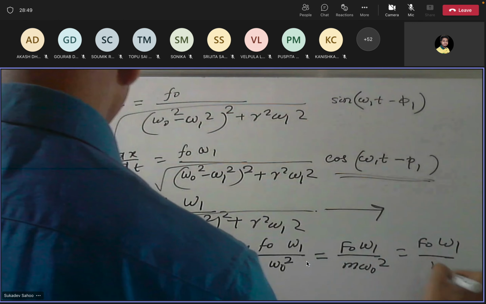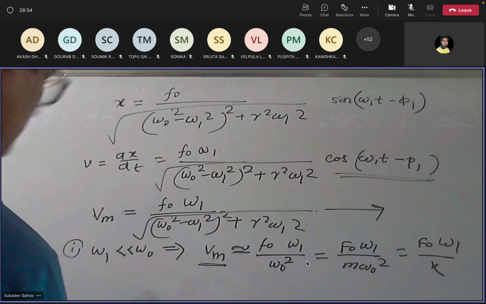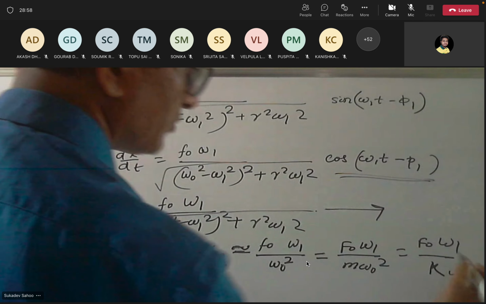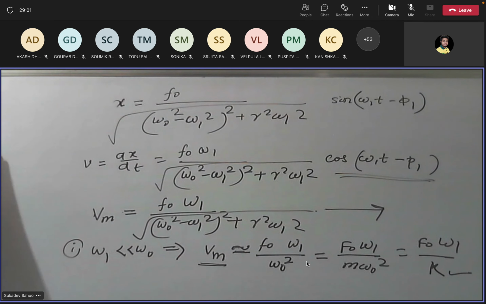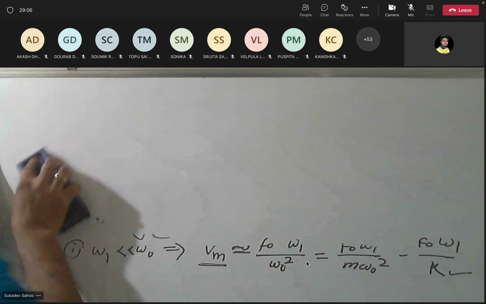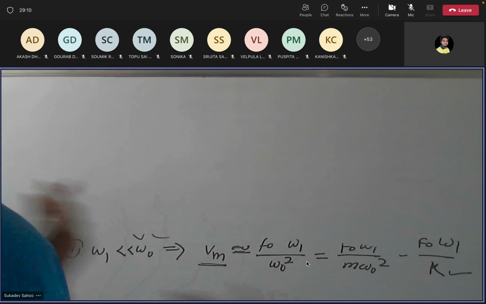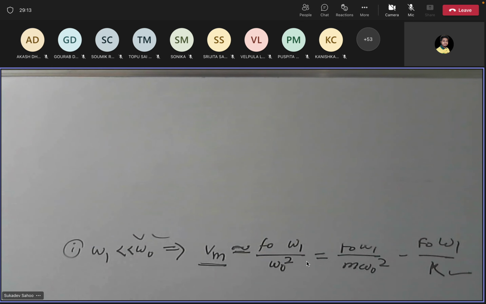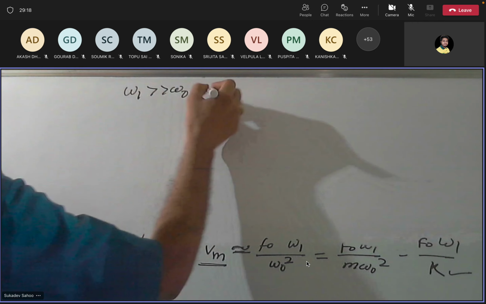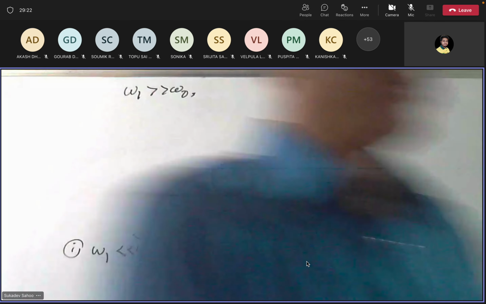In this case, the velocity amplitude mainly depends upon the spring constant k and omega 1. Similarly, for other cases, at a high driving frequency, omega 1 will be greater than omega 0, so we can neglect omega 0 square with respect to omega 1 square, and you will find the expression.